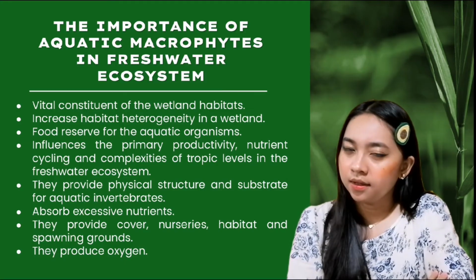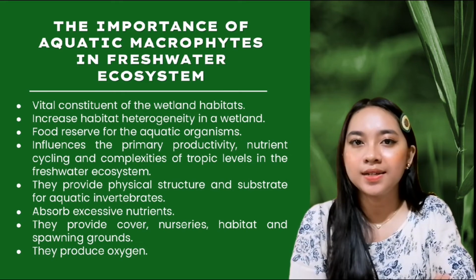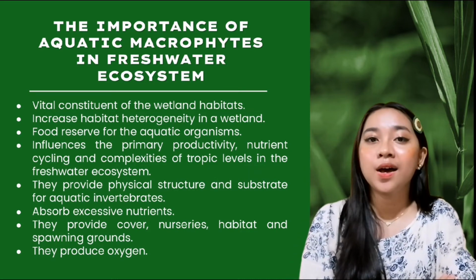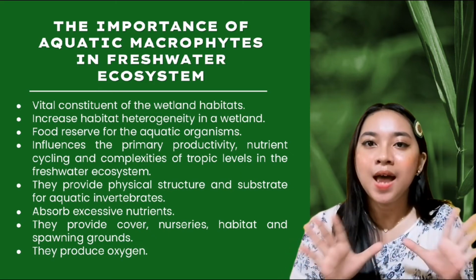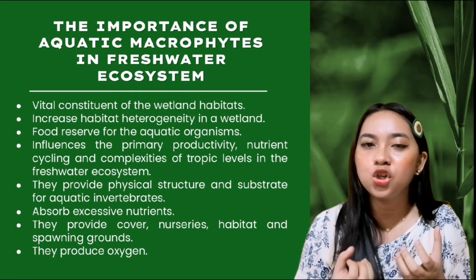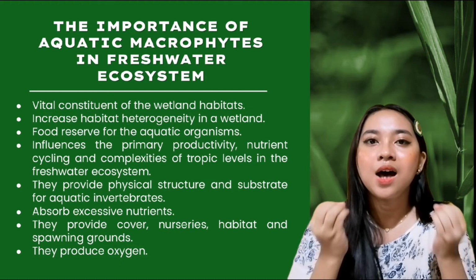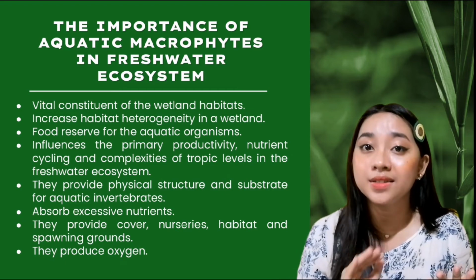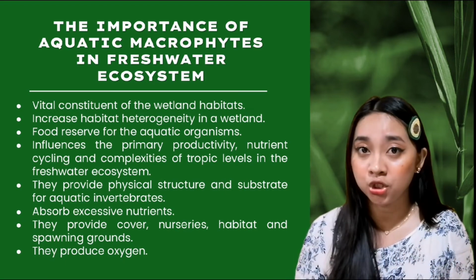Let us see what the importance of these aquatic macrophytes is in the freshwater ecosystem. Aquatic macrophytes are a vital constituent of wetland habitats. A diverse macrophyte assemblage can increase biodiversity in a wetland. They are regarded as an important food reserve for aquatic organisms due to their high rate of biomass production.